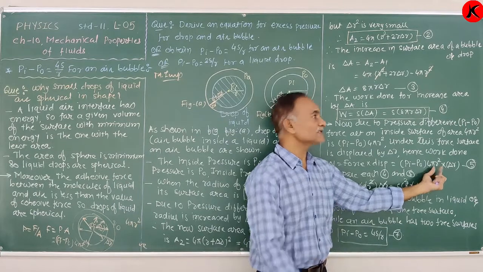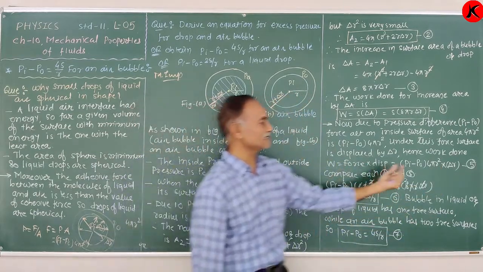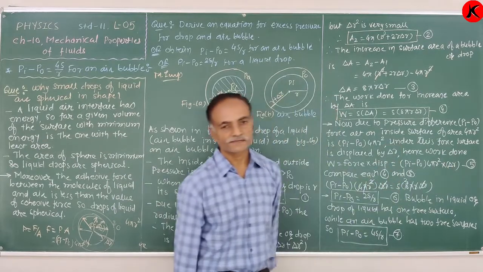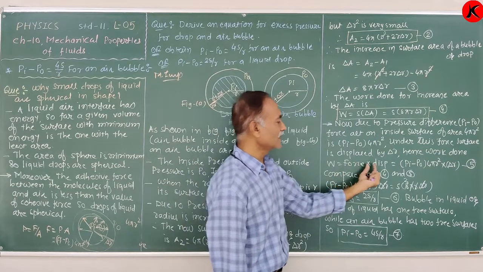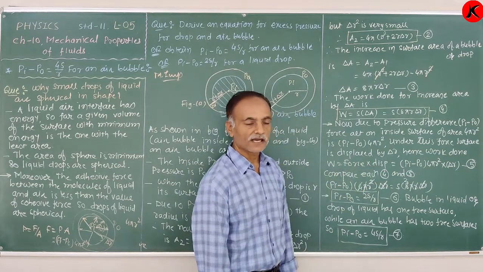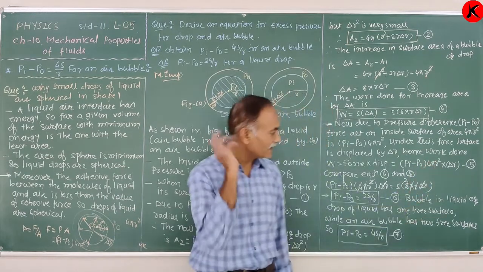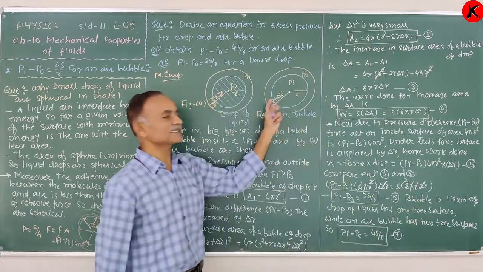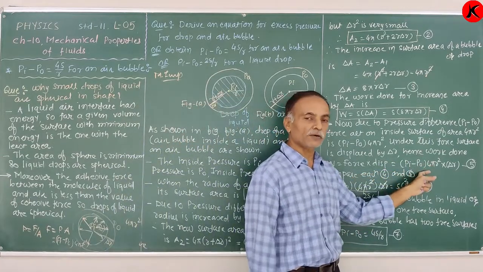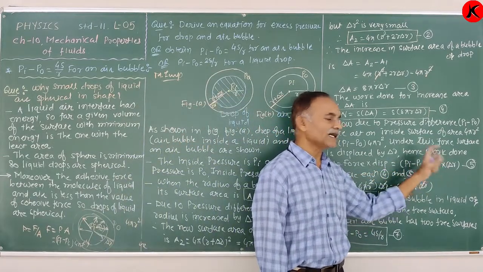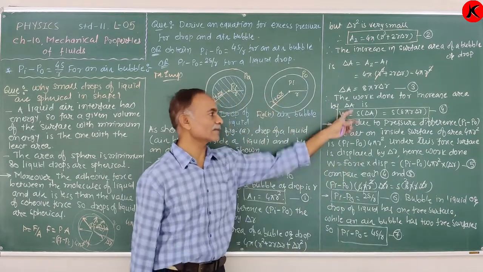Due to this force, the surface is displaced by delta r distance, therefore into delta r. Therefore, W is equal to Pi minus Po into 4 pi r square into delta r. That is our second equation of the work done.